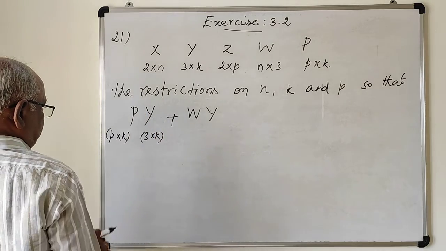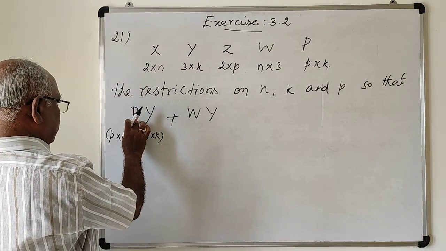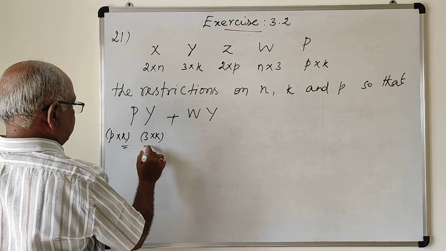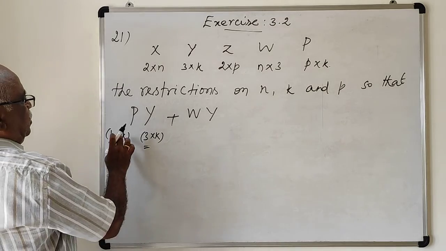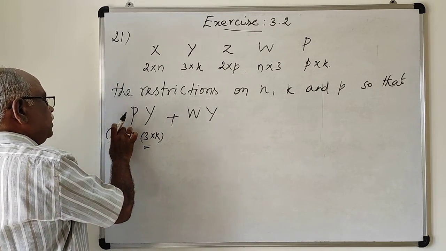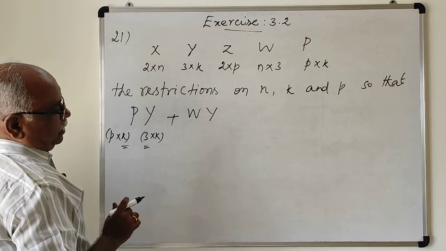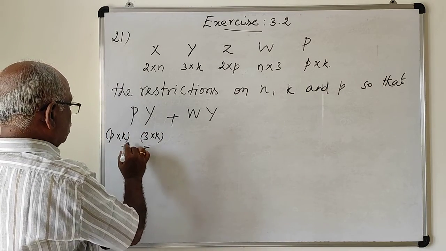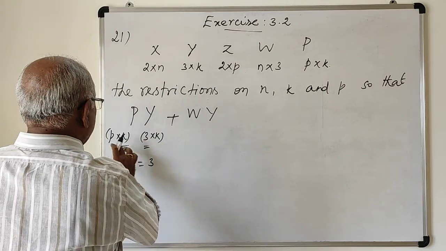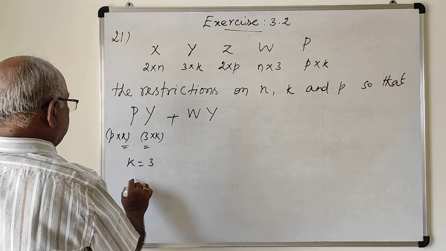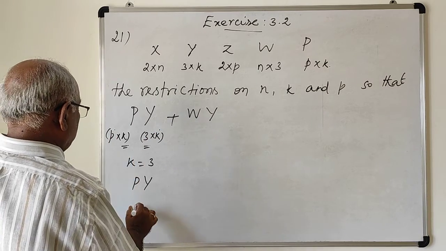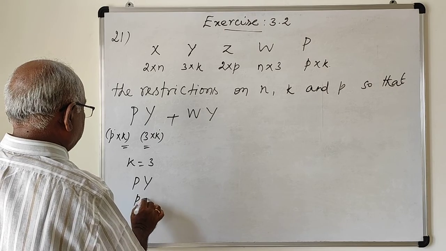You know, for a product, the columns of the first matrix P should be equal to the rows of the second matrix Y. So to find this product Py, the columns of the matrix P should be equal to the rows of the matrix Y. Therefore, we can say k should be equal to 3. And the order of Py is p by k.